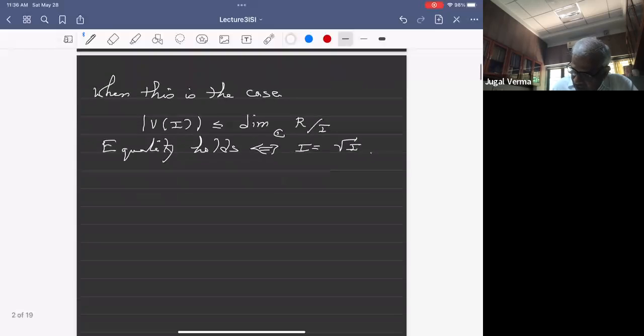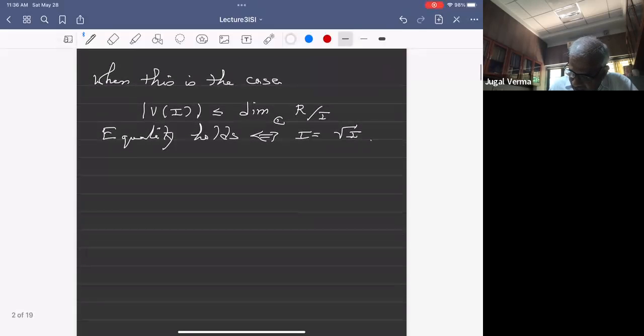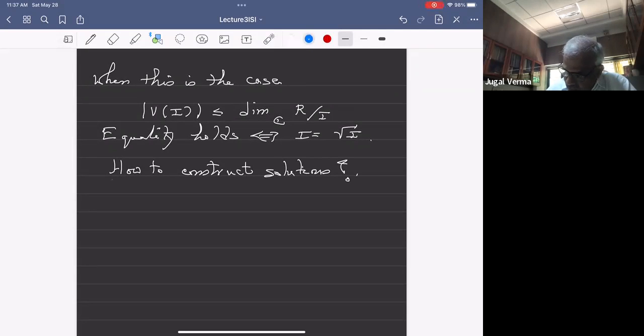For that, we exploit the fact that R mod I is a vector space. It's a finite dimensional vector space. So this is the main thing we want to get to.